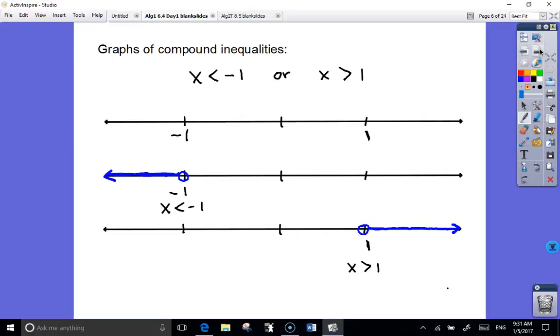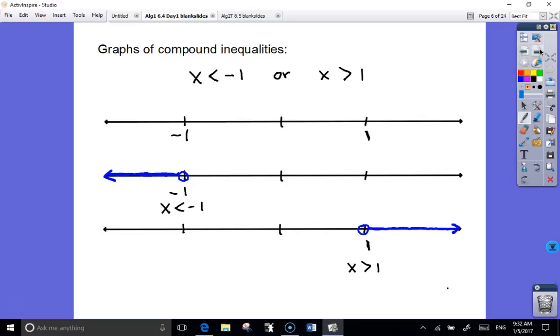So, for example, on these, I'm going to graph the compound inequality up here based on the two separate inequalities. So x is less than -1 would be open circle, shaded to the left. x is greater than 1 would be open circle, shaded to the right. Right? In order for the compound inequality to be true, only one part has to be true.